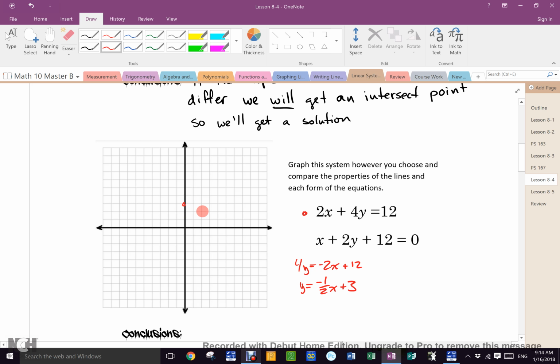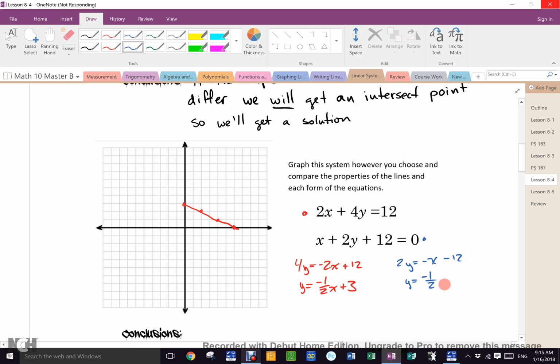Negative 1/2, down 1, out 2, down 1, out 2, down 1, out 2. There's my line. Yeah? Blue guy. 2y equals negative x minus 12. Y equals negative 1/2 x minus 6.